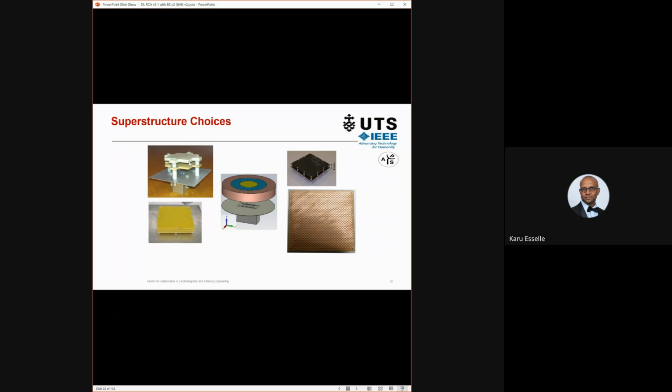This is a more advanced design, and the superstructure here is a combination of several dielectric layers, 3 or 4, including the air layer. This is the air layer, this is dielectric, this is a different dielectric with a different dielectric constant. So this part is the superstructure, this is the resonant cavity, and this is the ground plane.